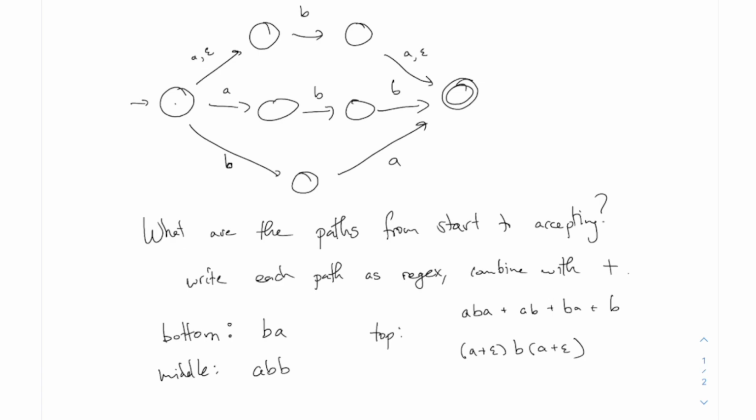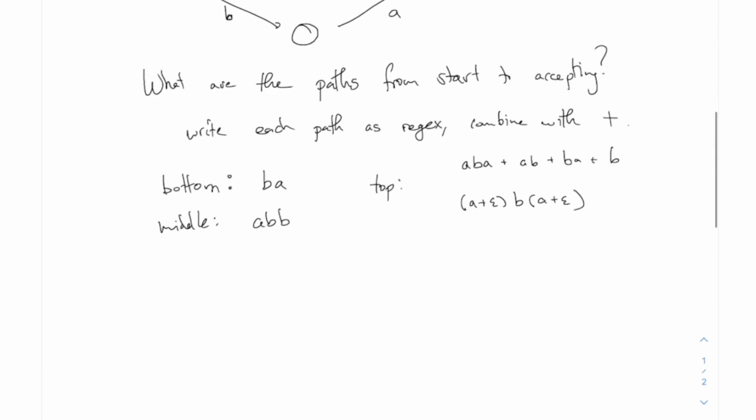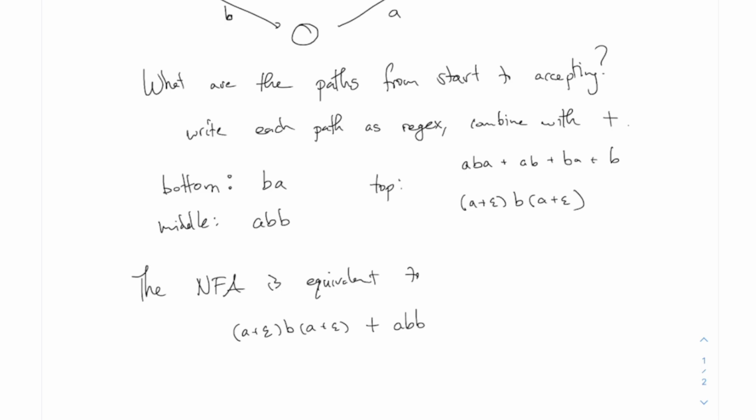Anyway, my final answer then would be to add all of those together. So the NFA is equivalent to the sum of all that. From the top, A plus epsilon, B, A plus epsilon, or the middle, ABB, or the bottom, BA. That's it.